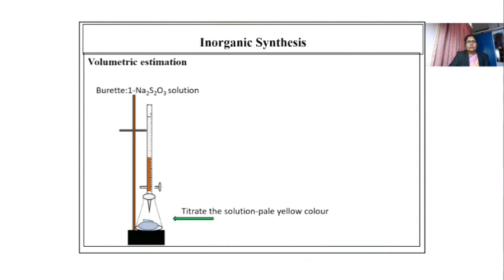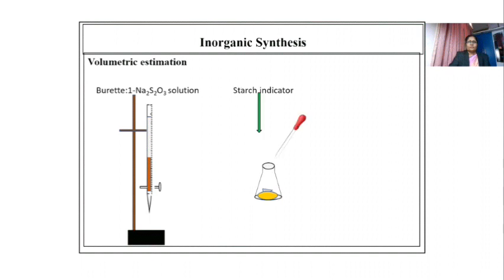Till the color changes to yellow, pale yellow color. At this stage, add 2 to 3 ml starch indicator. After the addition of starch, the solution will turn to blue.